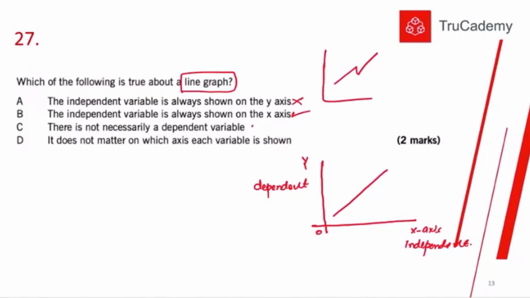D, it does not matter on which axis the variable is shown. No, it will always make it easier for the user to identify the independent variable by looking on the x-axis, and to identify the dependent variable, he always looks at the y-axis. So B is the correct one.